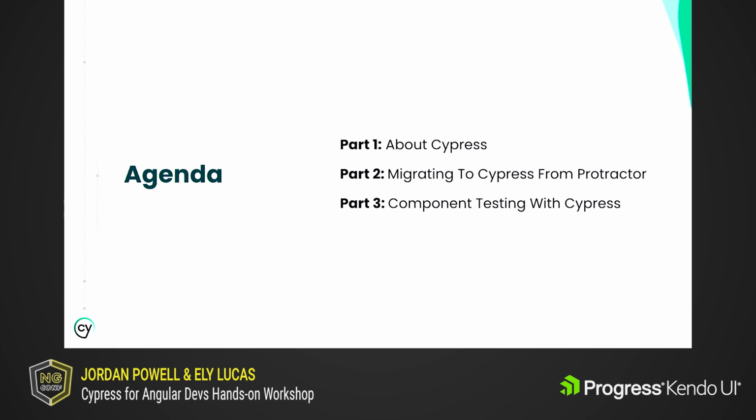In the second part, we're going to do a hands-on migration of an application that's using Protractor to Cypress. And in the third part, we're going to have you demo component testing with Cypress, a feature we released just 2 weeks ago.